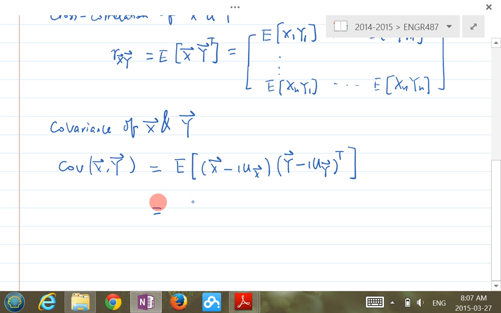If you expand these things out, we get another matrix.